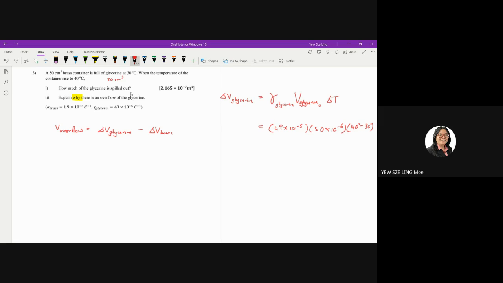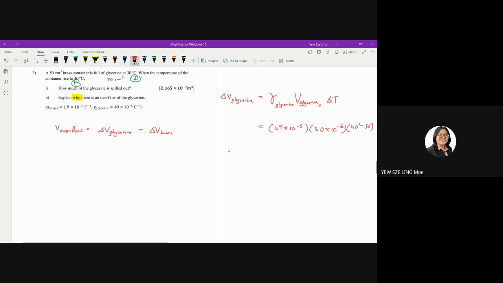Now, when it comes to expansions, you can have a negative delta T, unlike in conduction. Conduction is definitely flowing from higher temperature towards lower temperature. But when it comes to expansions, you may cool down an object, so in that case you could have a negative delta T. So you have to be extra careful with the initial and the final value. The initial value in this question is 30 degrees C and the final value is 40 degrees C, so we use 40 minus 30.